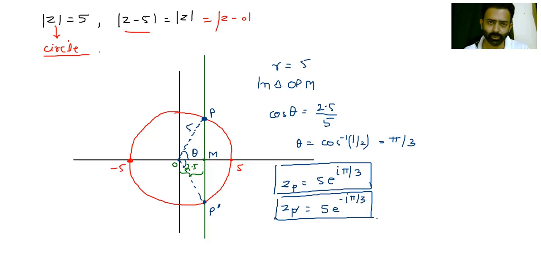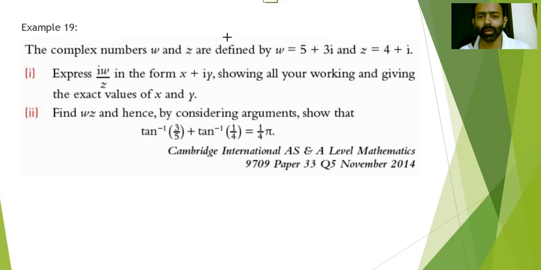All right, let us do one more question. It says that complex numbers w and z are defined by 5 plus 3i and 4 plus i. We have to express iw by z in the form of x plus iy, showing all your working and giving the exact values of x and y, right?